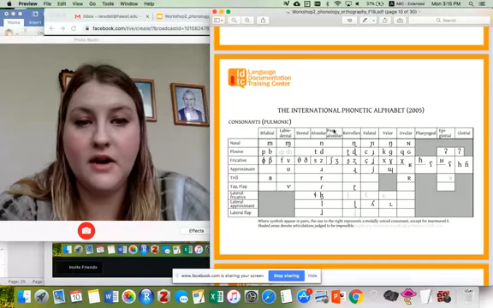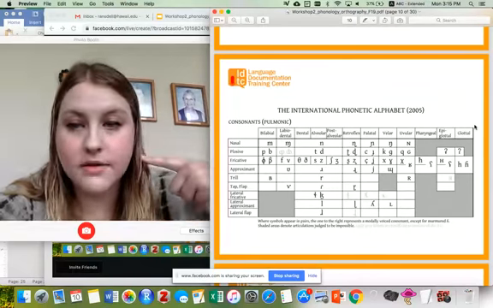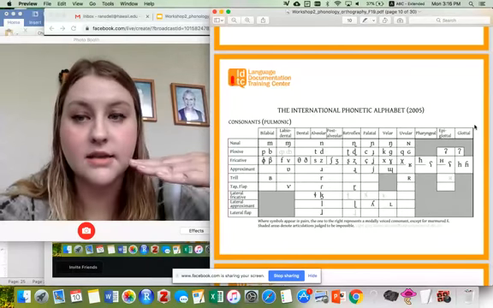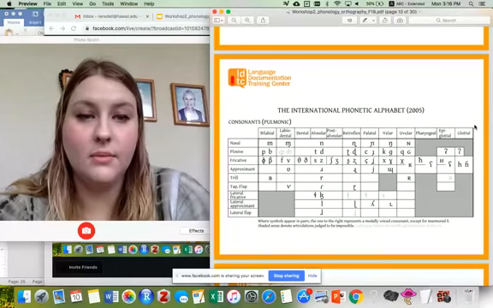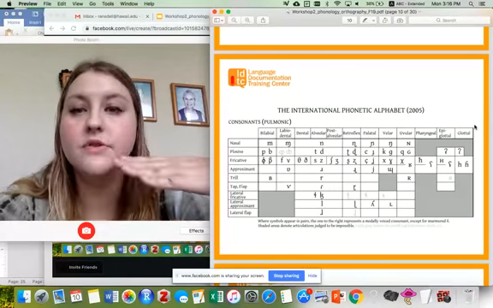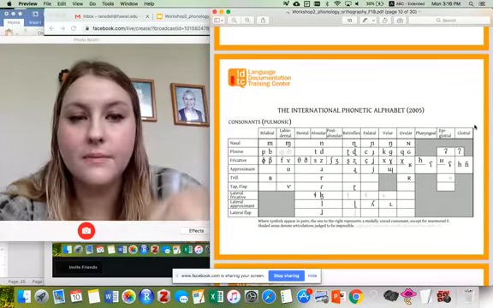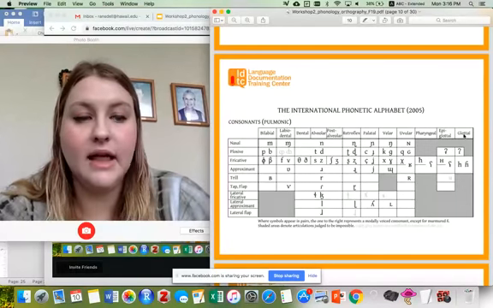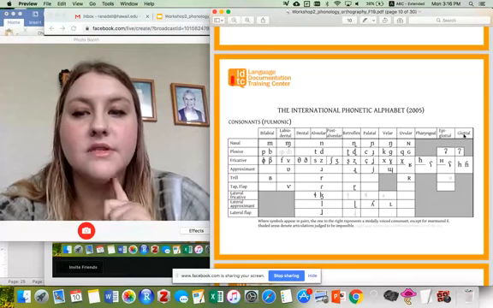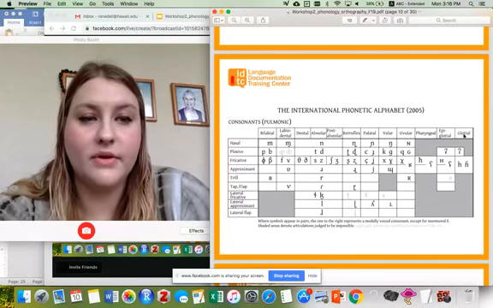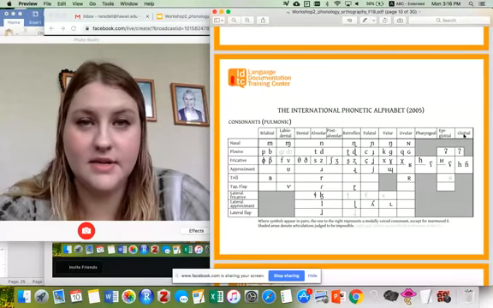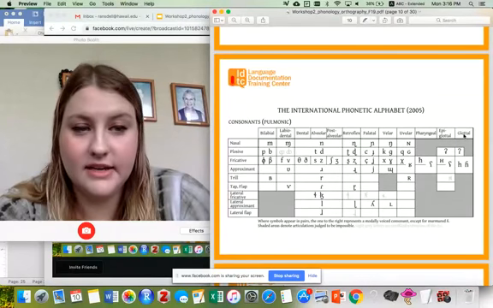As you go farther back along the chart, it goes farther back in the mouth, considering that the lips are the farthest forward place that you can articulate any sounds. Each column going back to the right goes farther back in your mouth until you get all the way over here at glottal, which is the glottis, which is in the back of your throat, where you can articulate the h sound. It's not very strongly articulated, but it is in there.